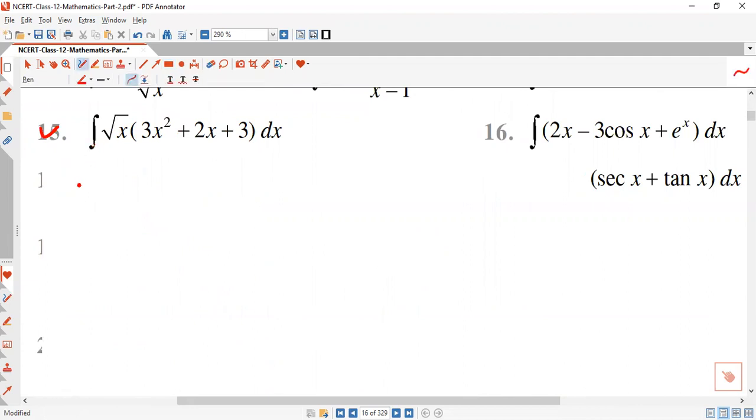You see, this can be written as root x, that is x raised to half, into 3x square plus 2x plus 3 dx. Separate the terms.